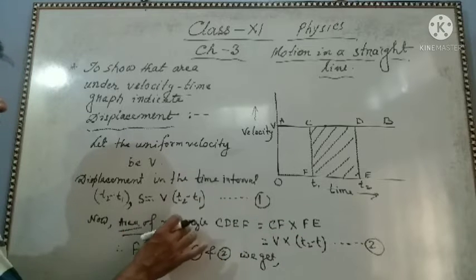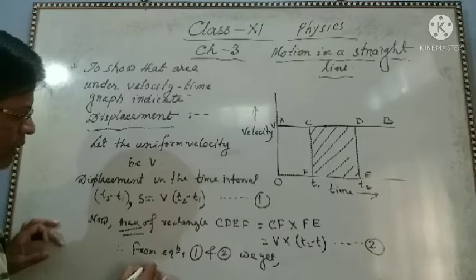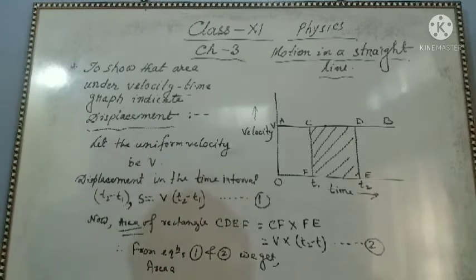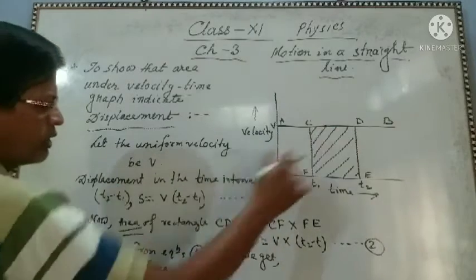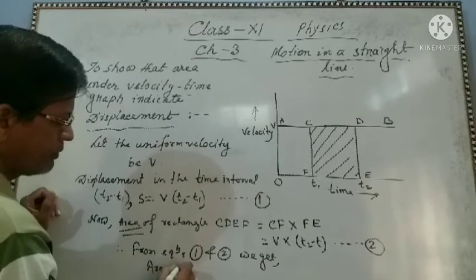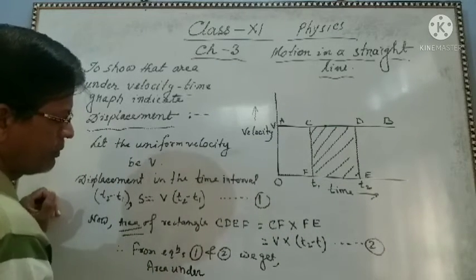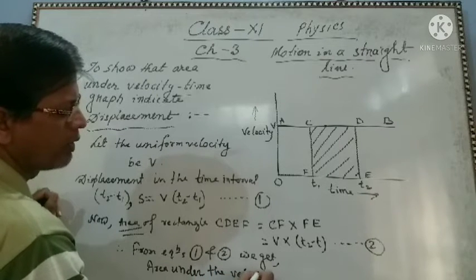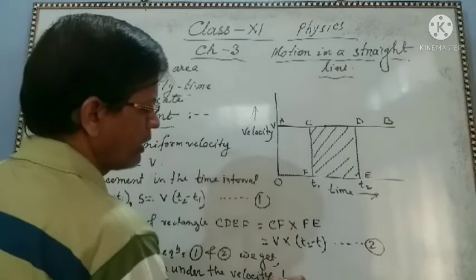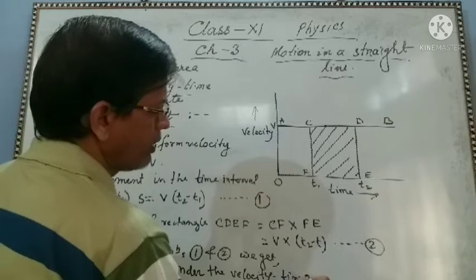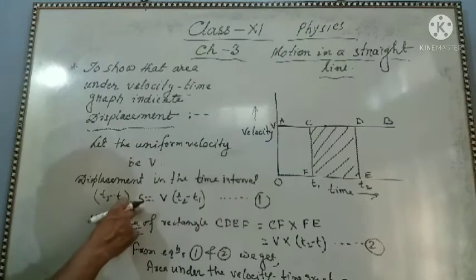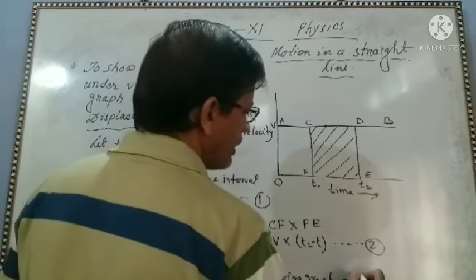That means the area under the velocity time graph is equal to S, that is, displacement.